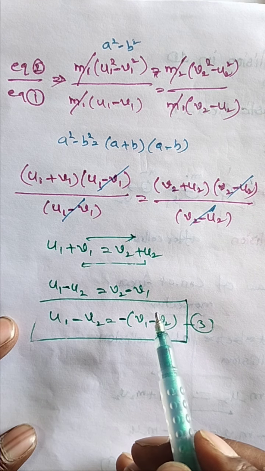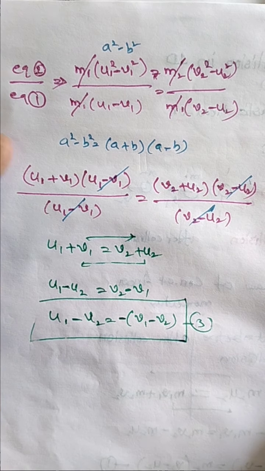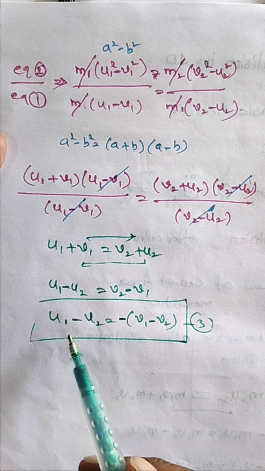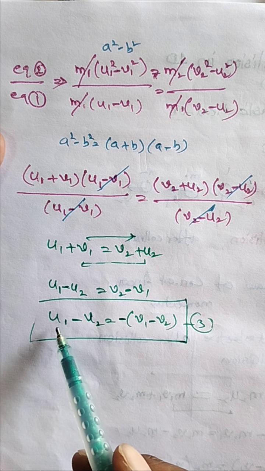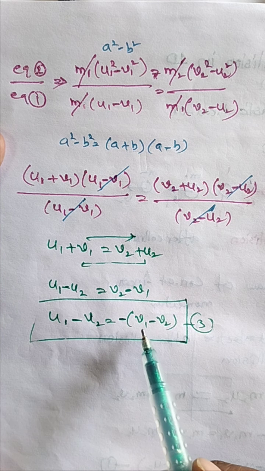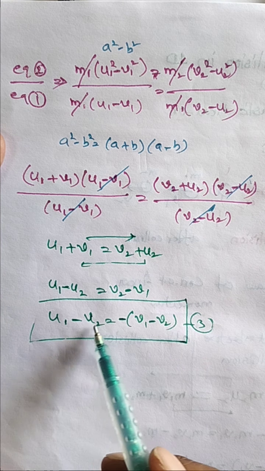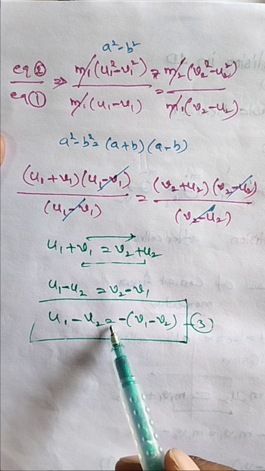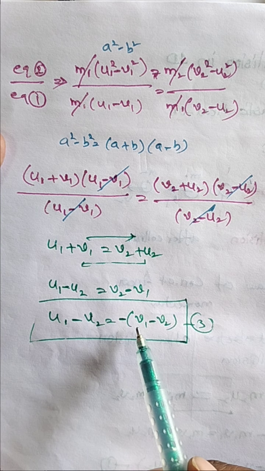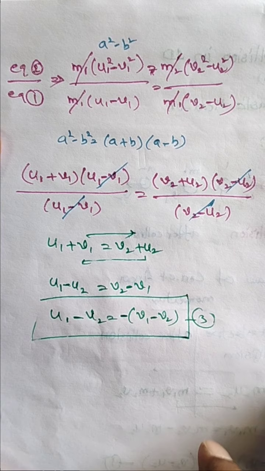So in a head-on collision, the relative velocity of approach, approach meaning coming towards, before collision is equal to the relative velocity of separation after collision.